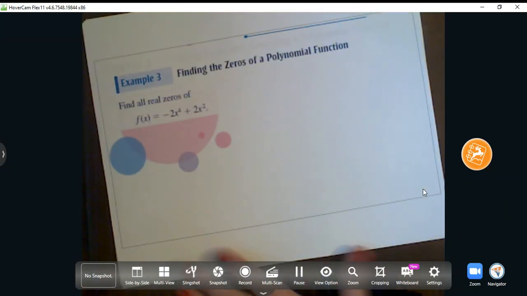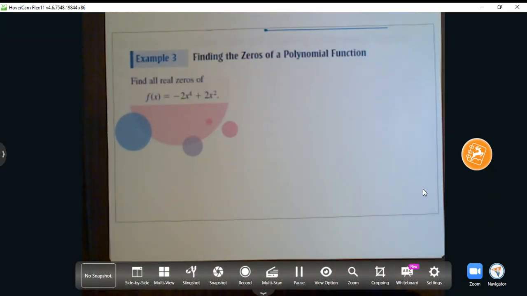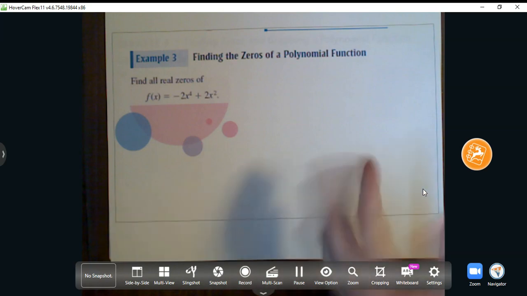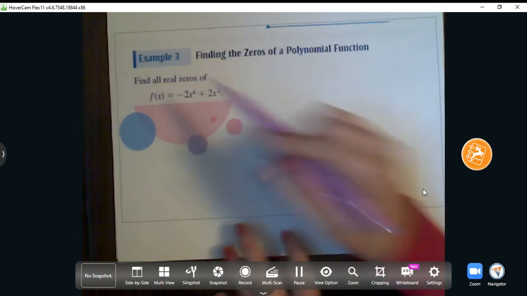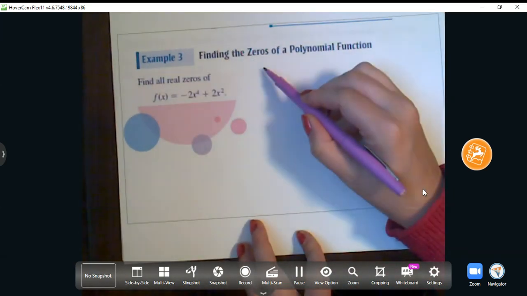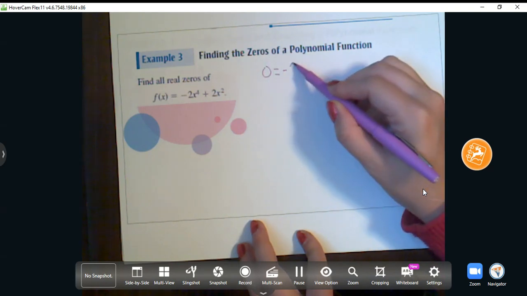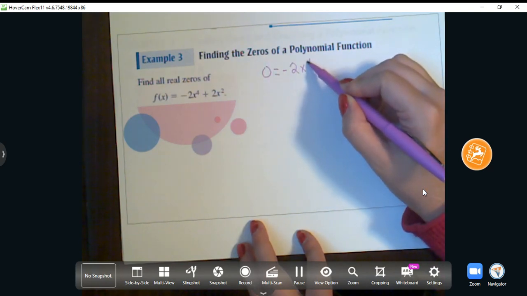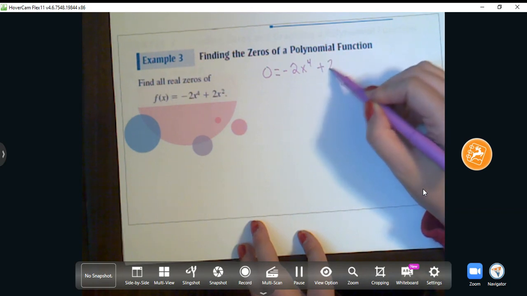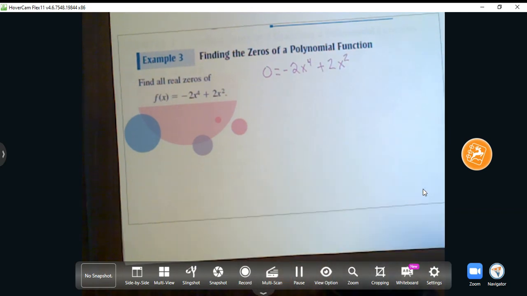So it says finding the zeros. So when I'm finding my zeros, I'm wanting to use kind of the same technique that we found earlier this year. So if I want to find all of the zeros, I'm going to set my function equal to 0, and then we're going to solve for x. Our first goal is always going to be to try and factor it.